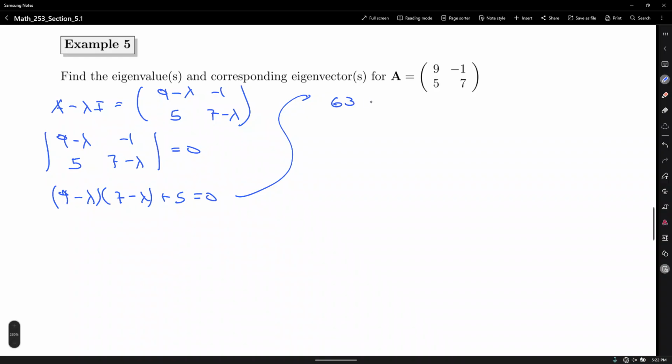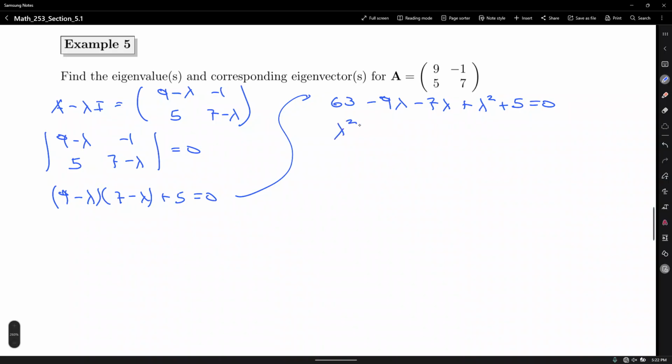And 9 times negative lambda, minus 9 lambda, minus 7 lambda, plus lambda squared, plus 5. Let that be equal to 0. Keep simplifying the equation. By the way, this equation is called the characteristic equation. That's the equation that calculates the eigenvalues for us.